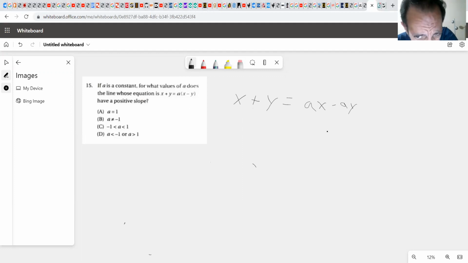So let me do a little manipulation with this equation. First I'll do minus x on both sides, and I'm going to get the y over to the left side, so I'll do plus ay on both sides.